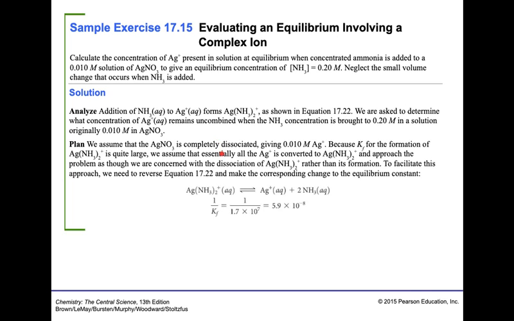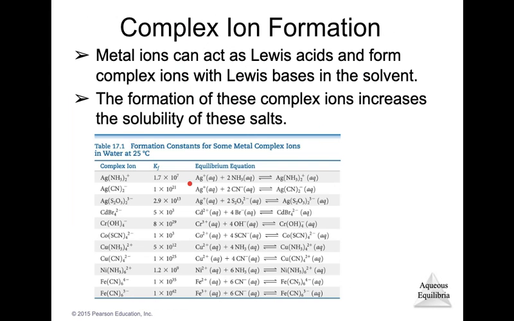So what we are looking at, and again, the information that you're looking at right here came from this table, okay? So we can see that this is the complex ion that we're talking about, right? Here's the Kf value associated with it, and then here's your equilibrium equation, okay?